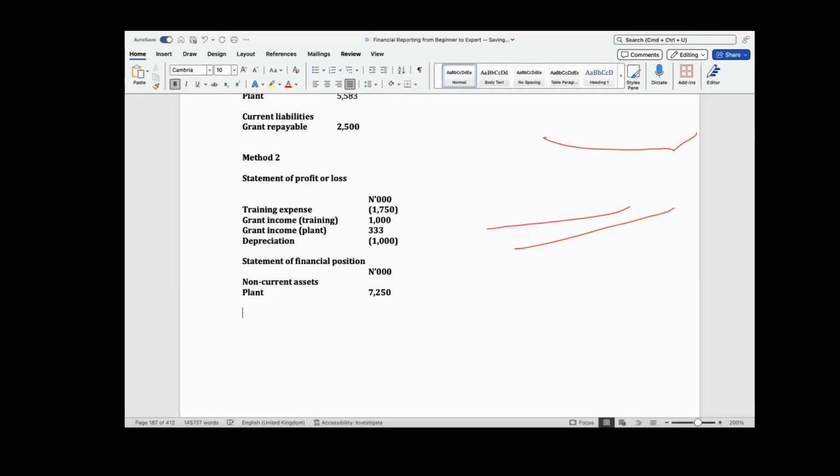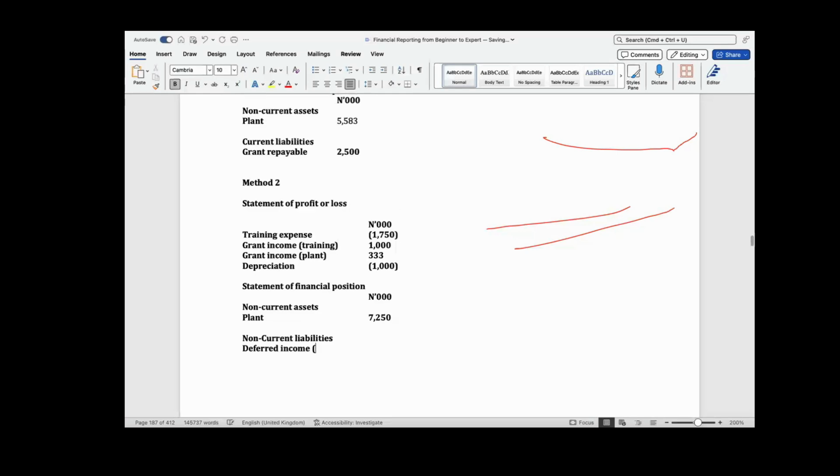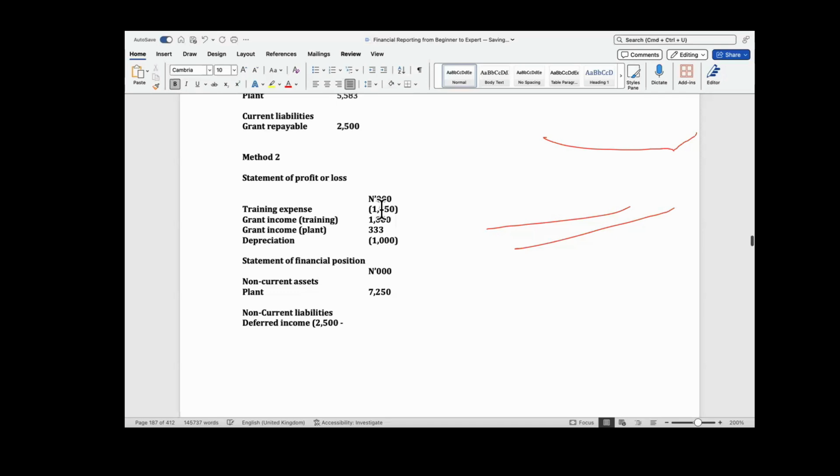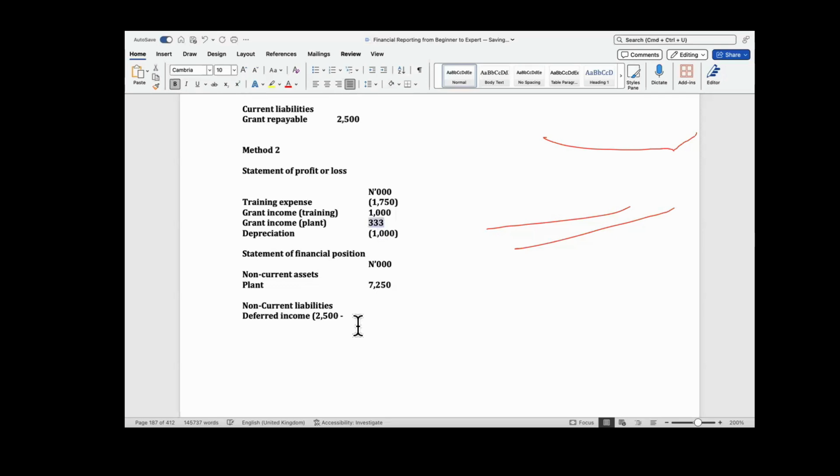Then under my current liabilities, I will have, let me put it as non-current because it's over 5 years, my deferred income. How much was the total grant? 2.5 million. And how much have we recognized in year 1? Just this 333.